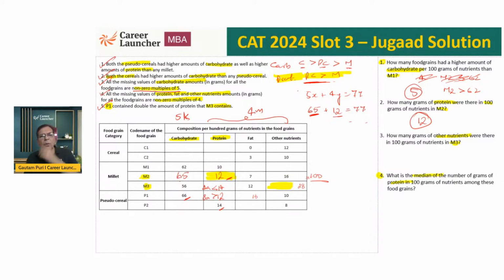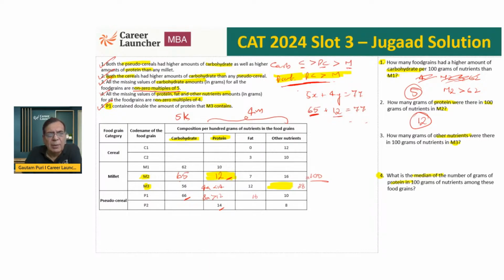So please remember the constraints given here. As far as proteins are concerned, pseudo cereal should be more than millet. That means 4A has to be less than 14 and 8A has to be more than 12.